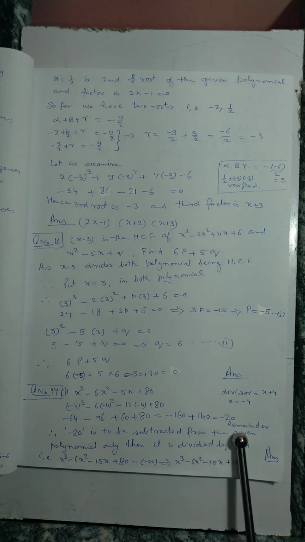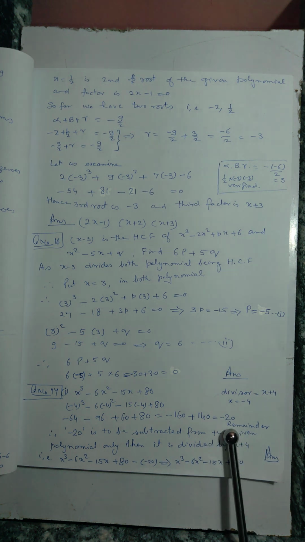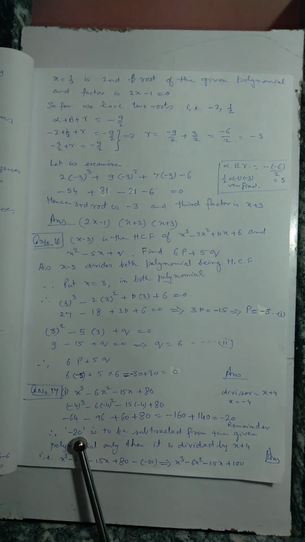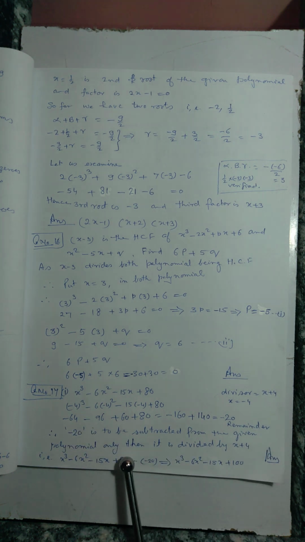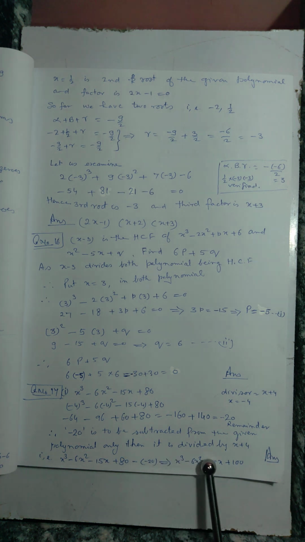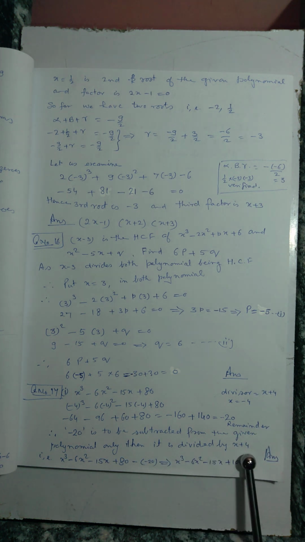Now we have to find which number should be subtracted. Therefore minus 20 is to be subtracted from the given polynomial. Only then is it divided by x plus 4.